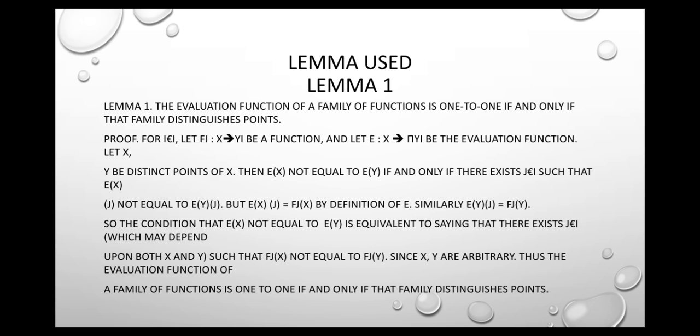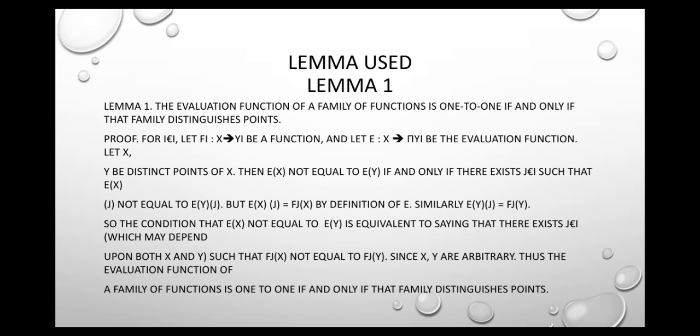But E of x of j is equal to f_j of x by the definition of E. Similarly, E of y of j is equal to f_j of y, so the condition E of x not equal to E of y is equivalent to saying that there exists j belonging to I, which may depend upon both x and y, such that f_j of x is not equal to f_j of y.